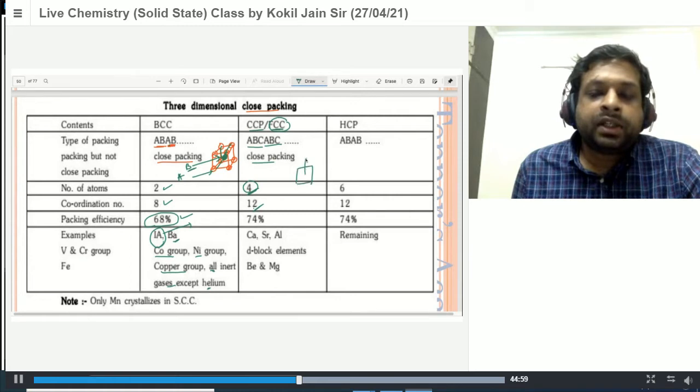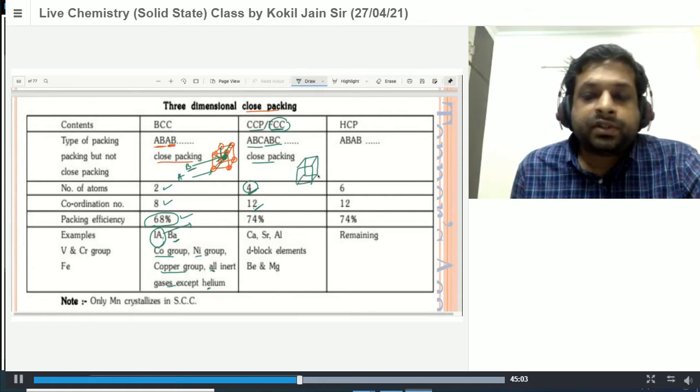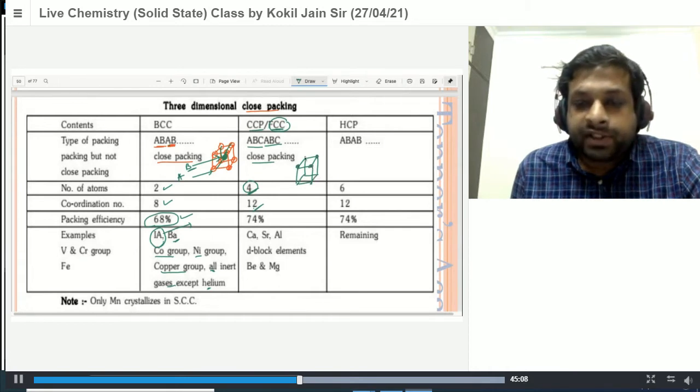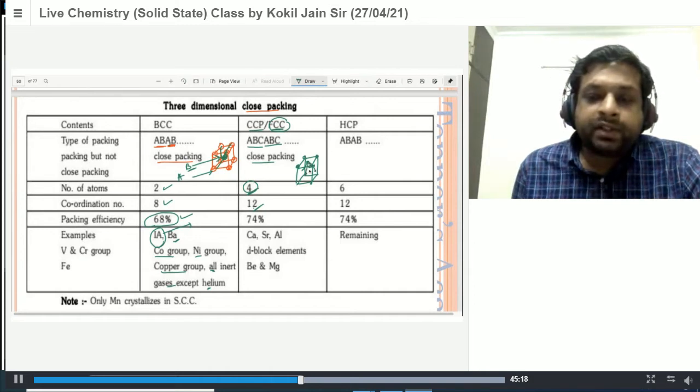I'll again show you here. If these were the corner elements, this is the face center above, another face center here, another face center here, another at the front. So four face centers side by side. These four are also the nearest neighbors.